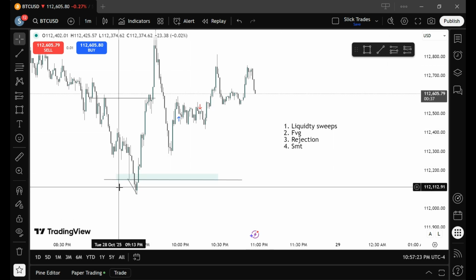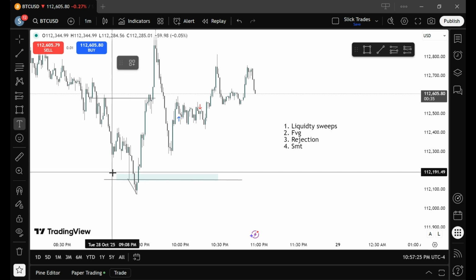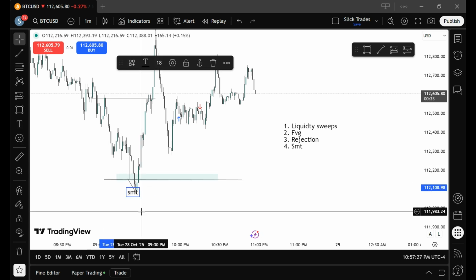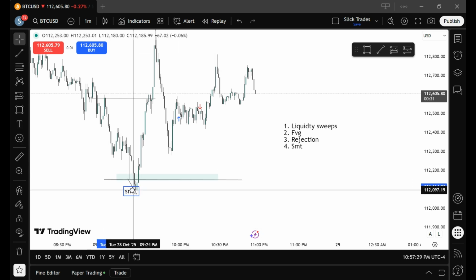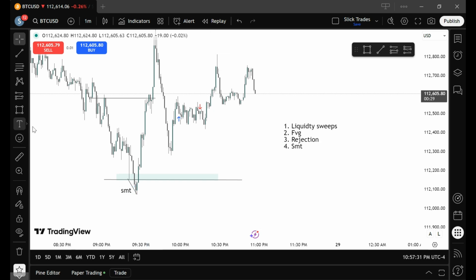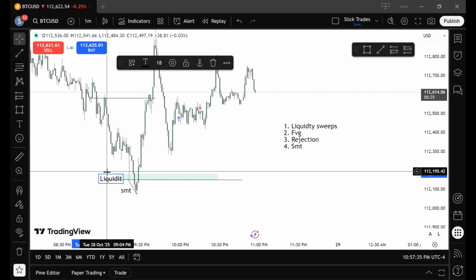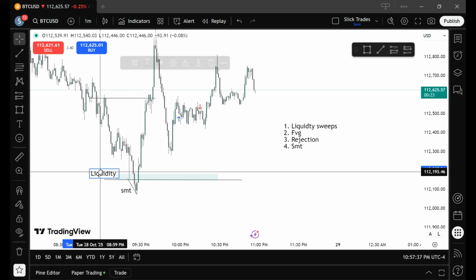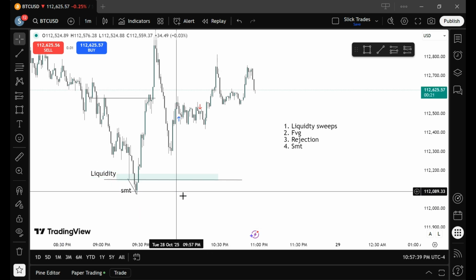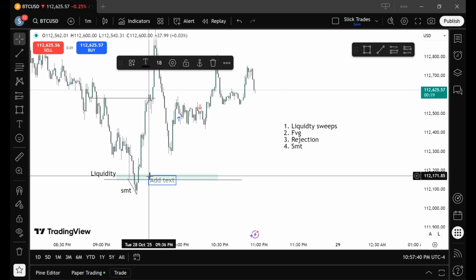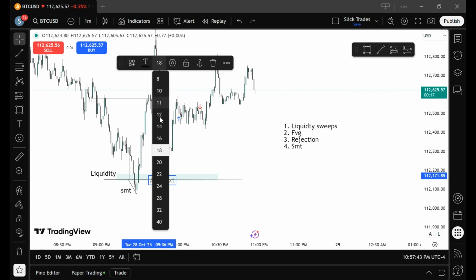Okay, so we have our SMT here. We have a liquidity sweep here. We took out that low. Okay, SMT, liquidity. We have our inversion fair value gap because we have our fair value gap that got inversed.